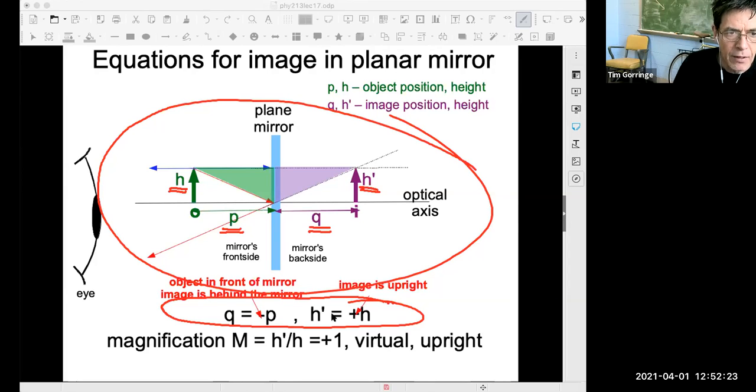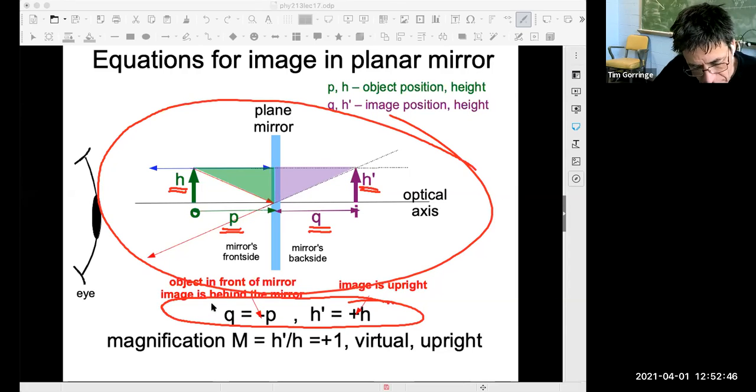You know, the hat on the person in the image is on the top if the hat on the person in the object is on the top. The shoes on the person, object person, are on the bottom, and they'll be on the bottom in the image. So it's the same way up. It's what we call upright.